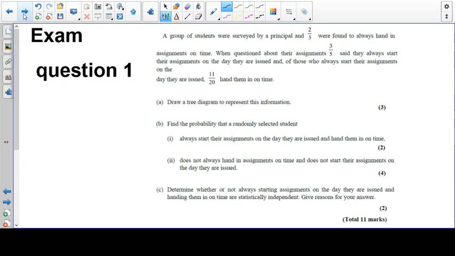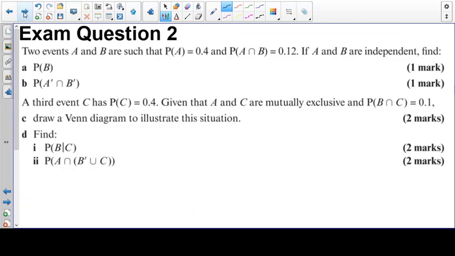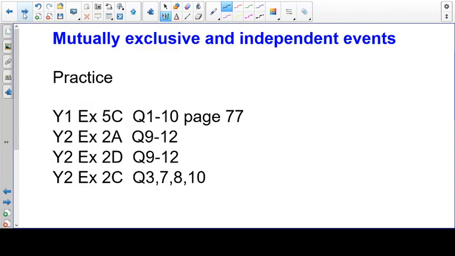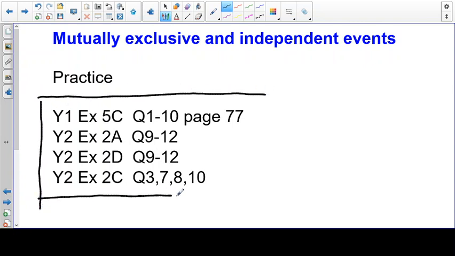Okay, so there are 2 exam questions to have a go at. And then there are some questions on mutually exclusive and independent events. These are the ones that we skipped earlier on because they mentioned independent and mutually exclusive events.